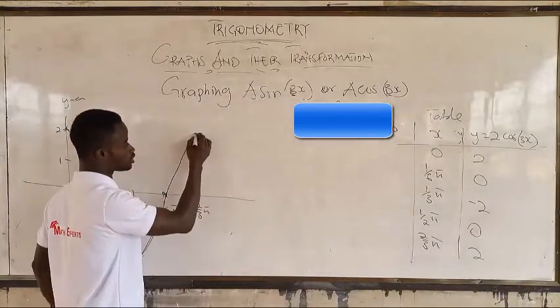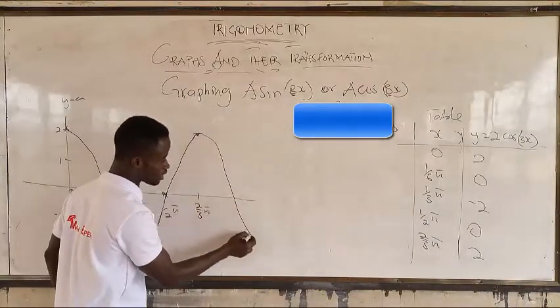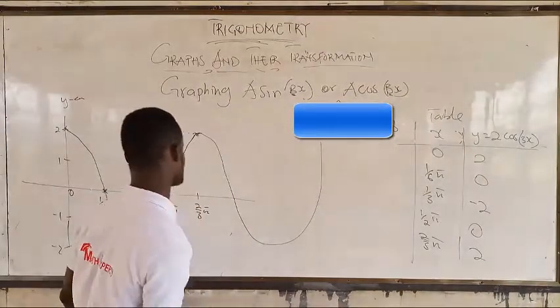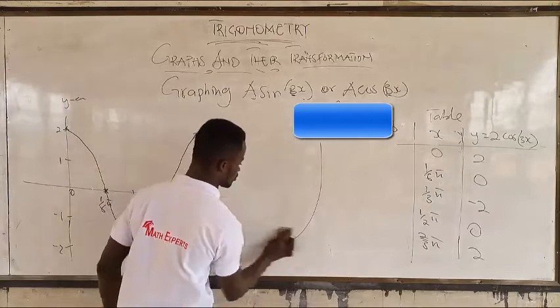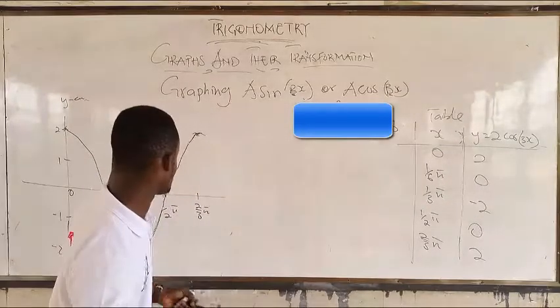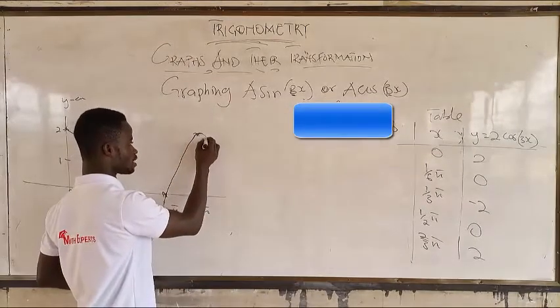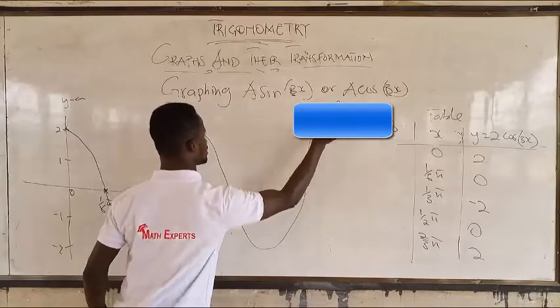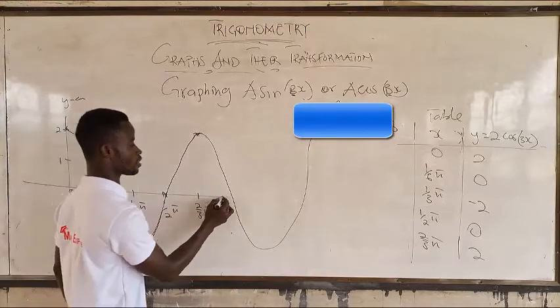So that one will continue as that for 2 periods. You can choose not to even indicate that on the table. And you're going to get that to be like this. And that one will end there. So this is 2 periods.